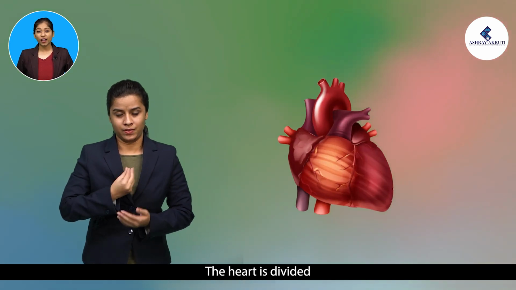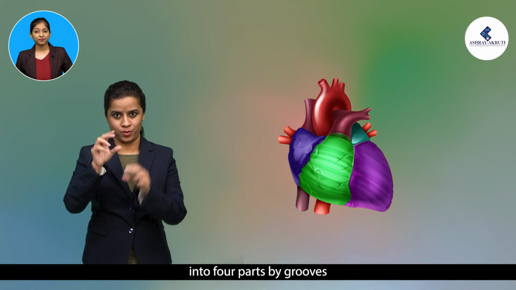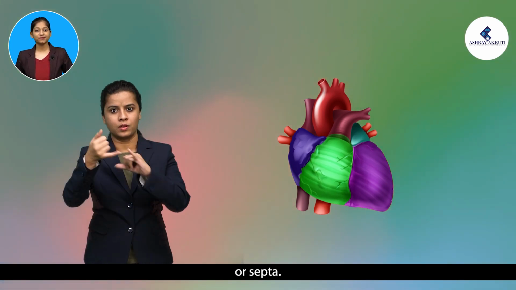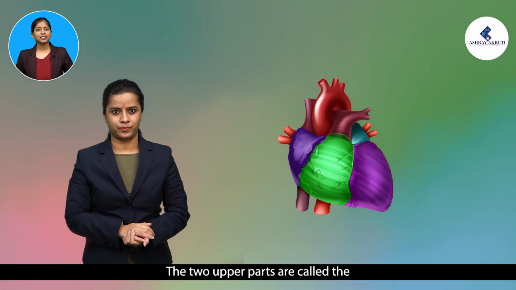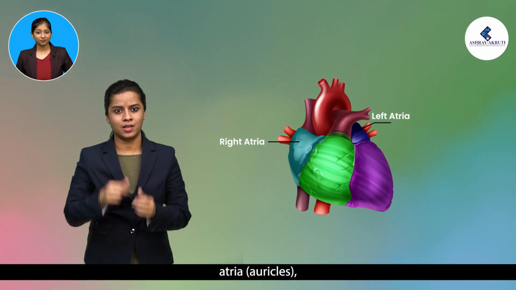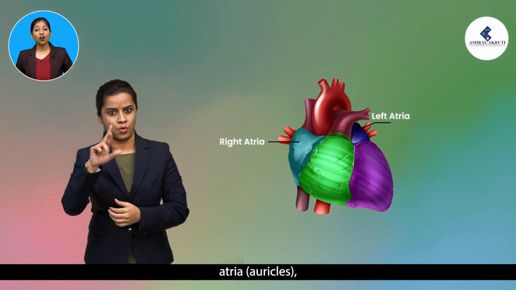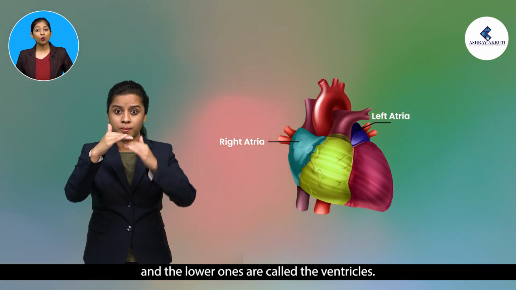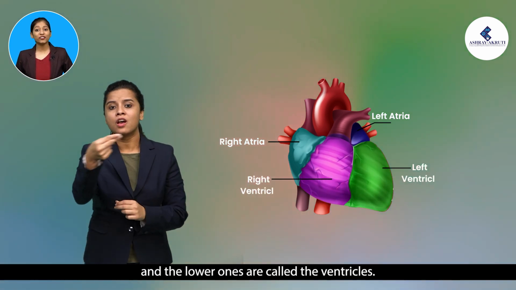The heart is divided into 4 parts by grooves or septa. The 2 upper parts are called the atria, or auricles, and the lower ones are called the ventricles.